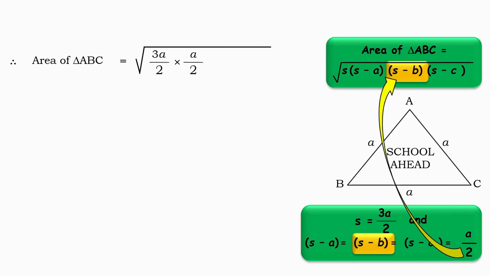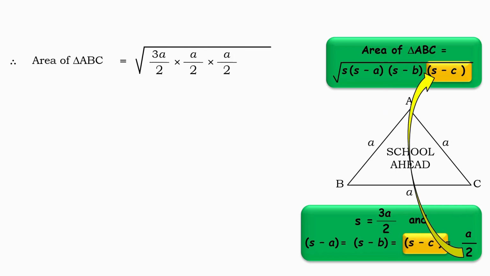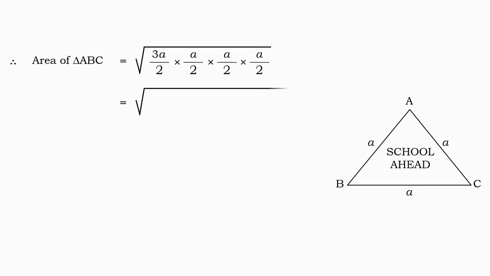Now we replace s minus b, that is also a by 2. Now s minus c, also a by 2. So now it is coming 3 into a by 2 into a by 2 into a by 2 into a by 2. So we have split that 3a by 2 as 3 into a by 2.